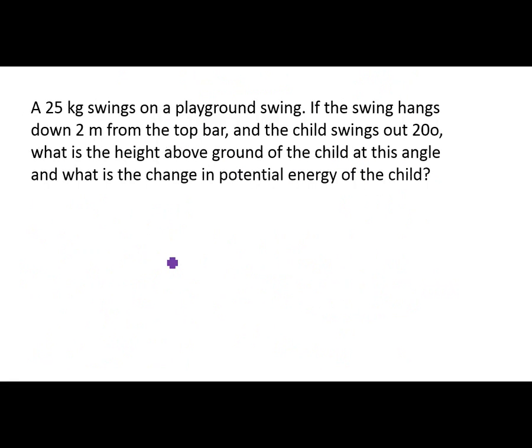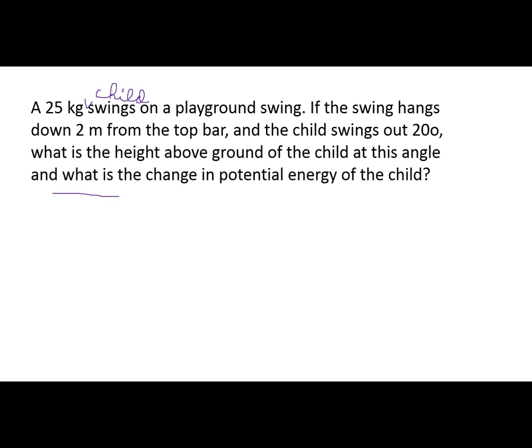Well, here's another one of your homework problems. We have a 2 kilogram... I'm missing a word there, huh? So I guess we'll put the word child in here, right? A 2 kilogram child swings on a playground swing.